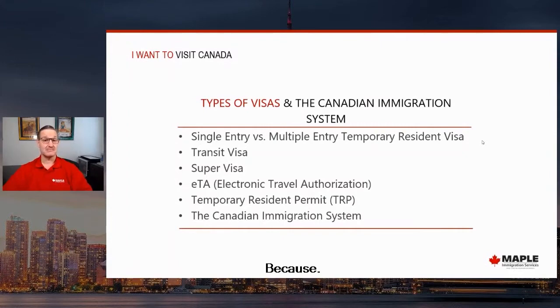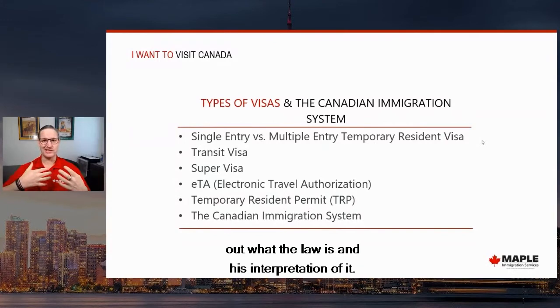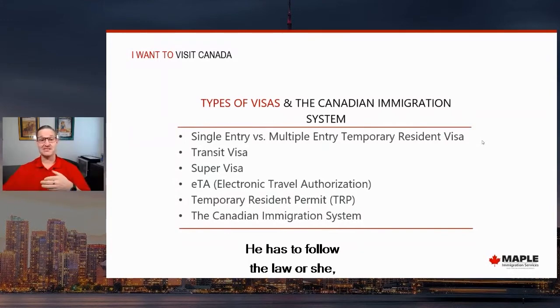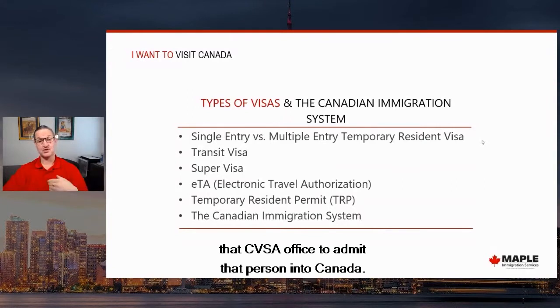Because he can't just discretionarily figure out what the law is and his interpretation of it. He has to follow the law, or she, sorry. So what's going to happen is he or she can issue a TRP, which is basically a document that allows that CBSA officer to admit that person into Canada.